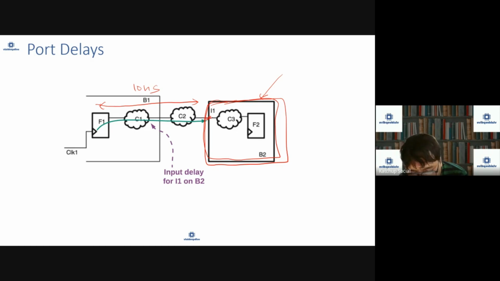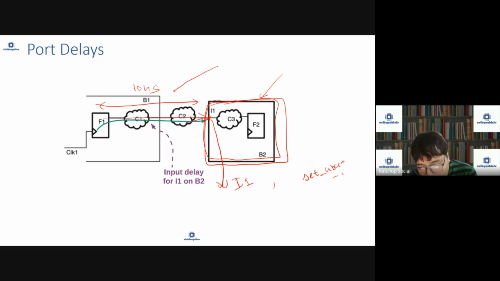This is specified on the input port using a command known as set_input_delay. Using this command, what you are telling is the delay of the outside logic which is driving this port.